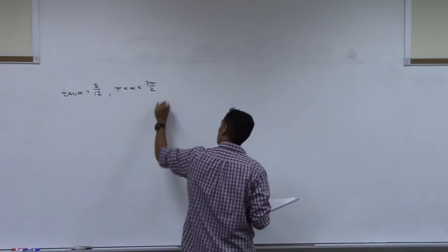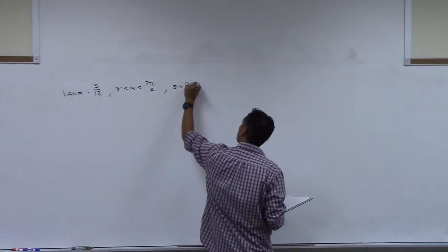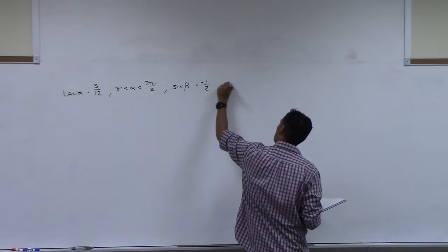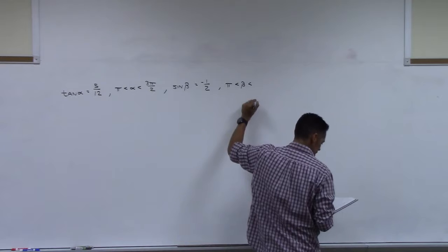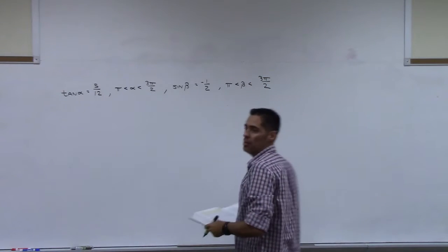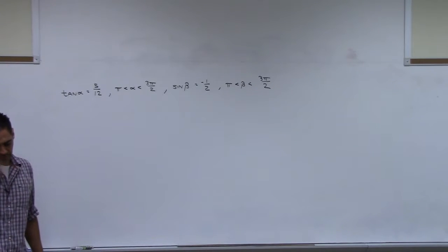And then you're also given that sine of beta is negative 1/2, and that pi is less than beta is less than 3 pi over 2. So that's all given to you. And you're asked for 4 different things here.